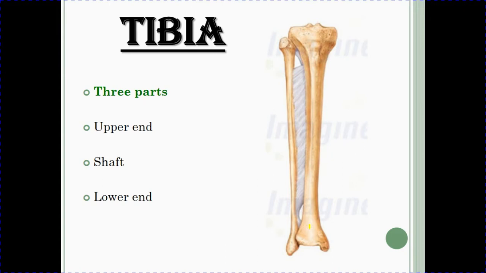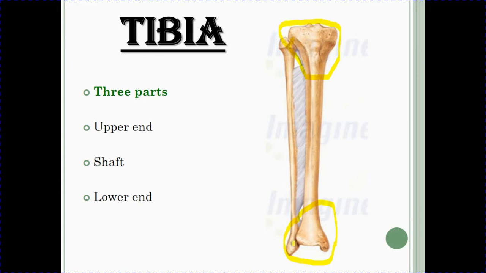Now we will discuss the characteristic features of the bone tibia. We said it is a long bone, it has three parts: an upper end, a shaft, and a lower end. You can clearly see in the figure, the upper end is articulating with the fibula, the superior tibiofibular joint.